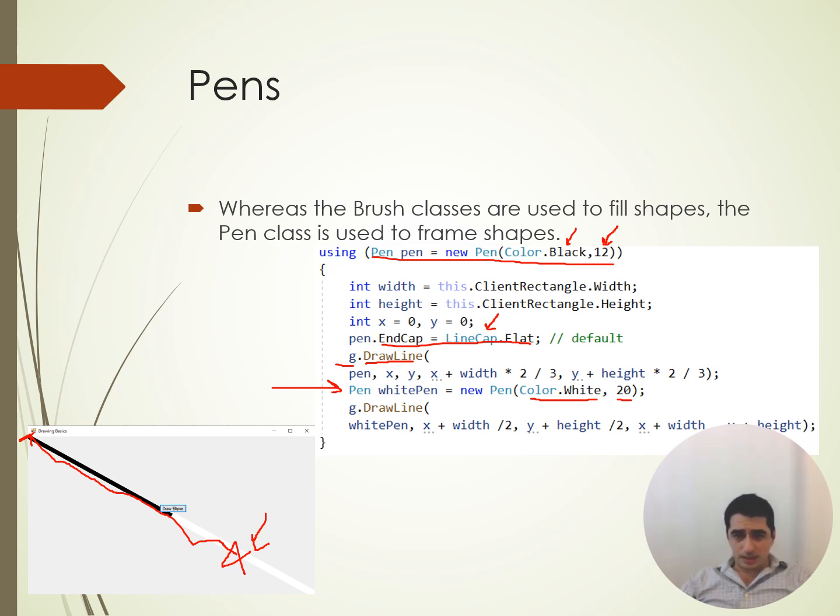Let's say 20 pixels, and I have drawn another line with the new pen, the white pen, from this middle point all the way to the bottom right corner of this form. This white one has masked the black one because it's wider, so you don't see the black one behind it.